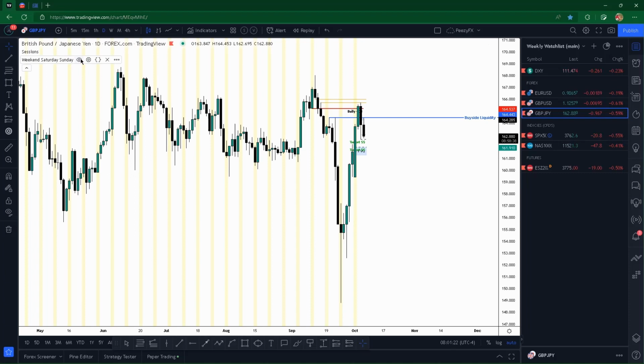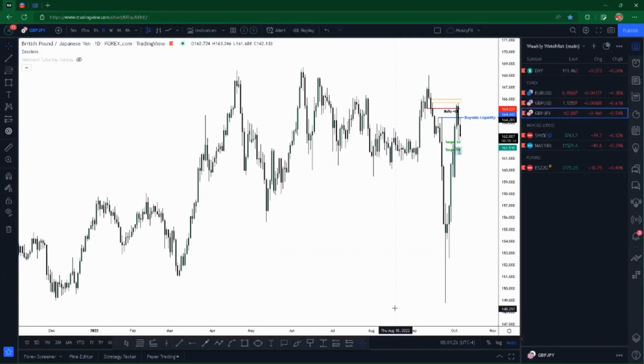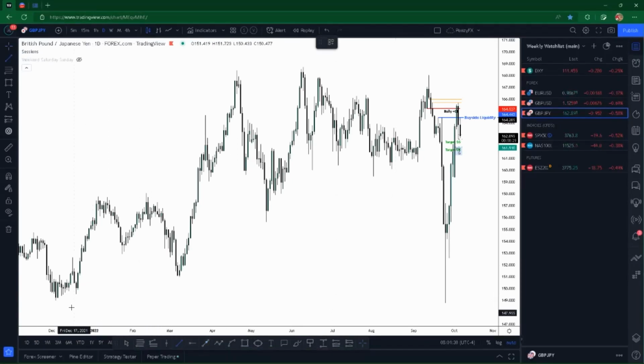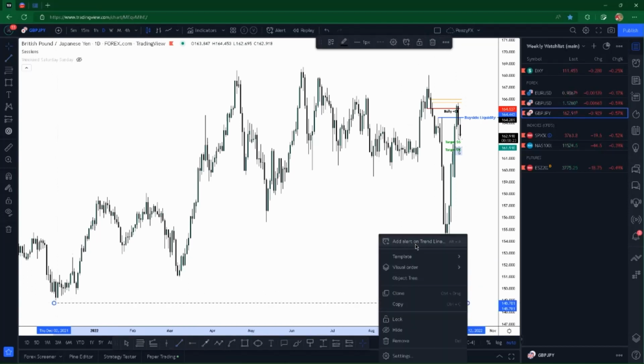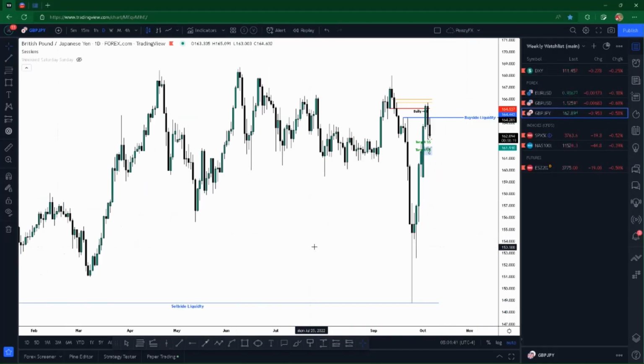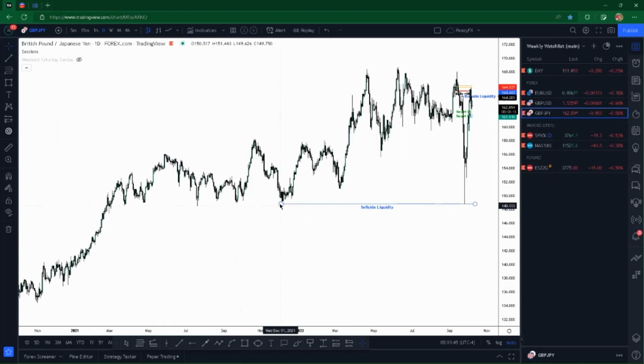All right, so let's jump over to a daily time frame real quick. Right now, as you can see, we got these relative equal lows down here. That's why I would like to see price get back down into this very huge liquidity pool all the way across.